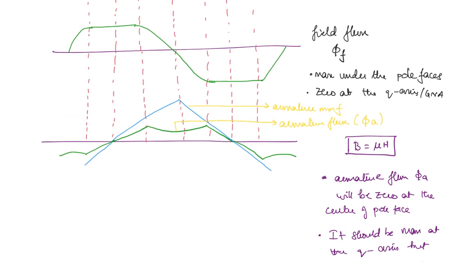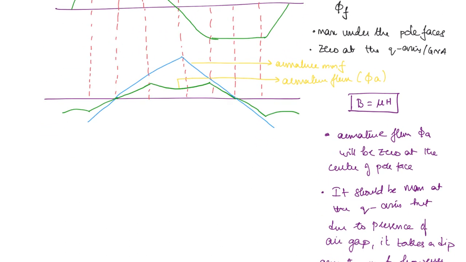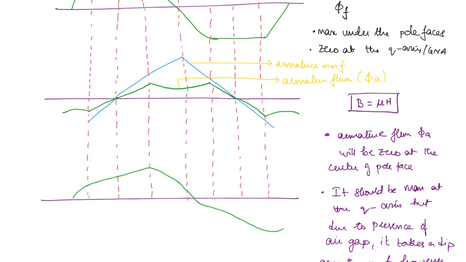So finally, the resultant flux you can represent like this. Compared to the field flux, you can see that on one side it is going to be a little less than the field flux, and on the other side it is going to be a little more than the original field flux. One more point you can observe here is that this is the quadrature axis. At the quadrature axis the field is not becoming 0. Why is that the case? This is because of the shift in the magnetic neutral axis.